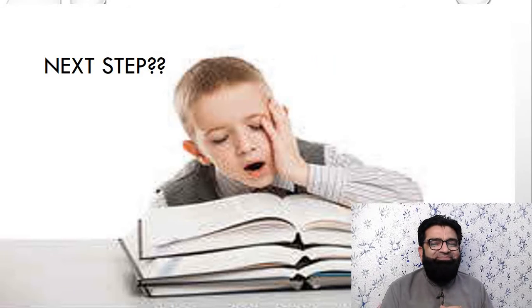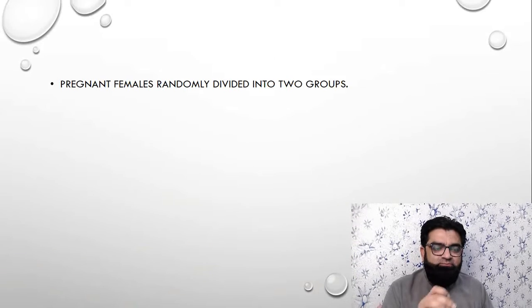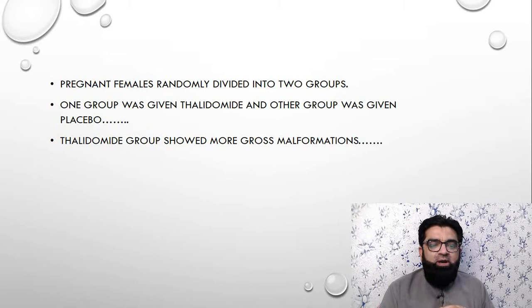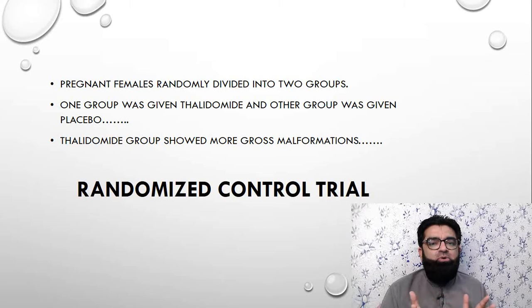Next step, to improve the level of evidence. What can we do? Pregnant females are randomly divided into two groups. One group was given thalidomide, and the other group was given a placebo. The thalidomide group showed more gross malformations. This is a randomized controlled trial.